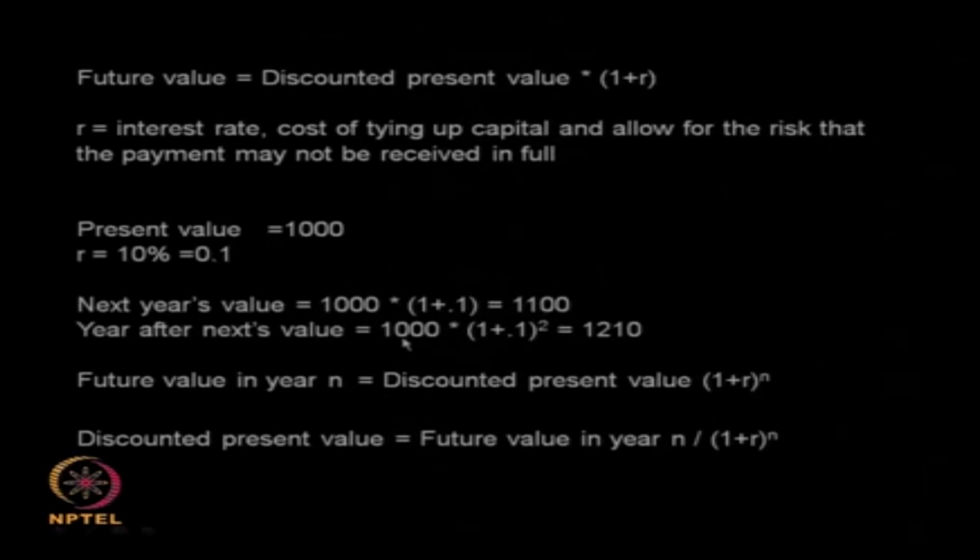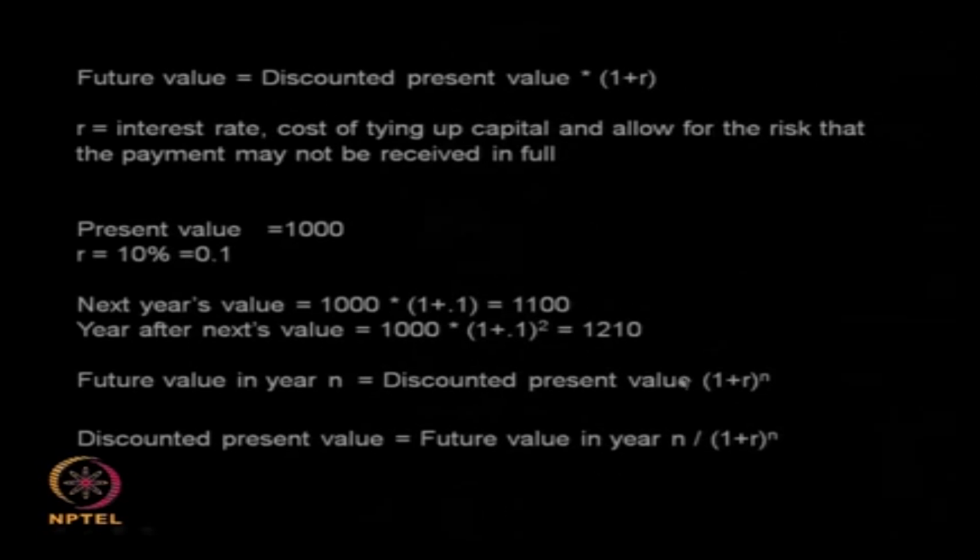So what will be that value year after next? So what you do is 1 plus 0.1 raised to the power 2, so it becomes 1.1 square, so it becomes 1210. That means a 1000 rupees today is like a 1100 rupees next year and equal to 1210 the year after next, like that it goes actually.